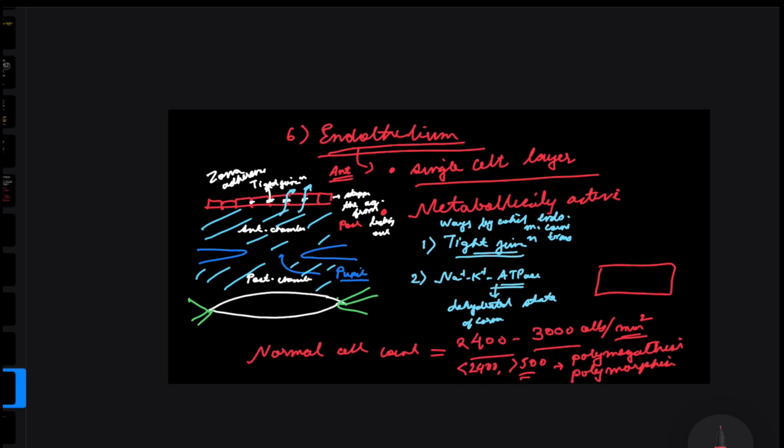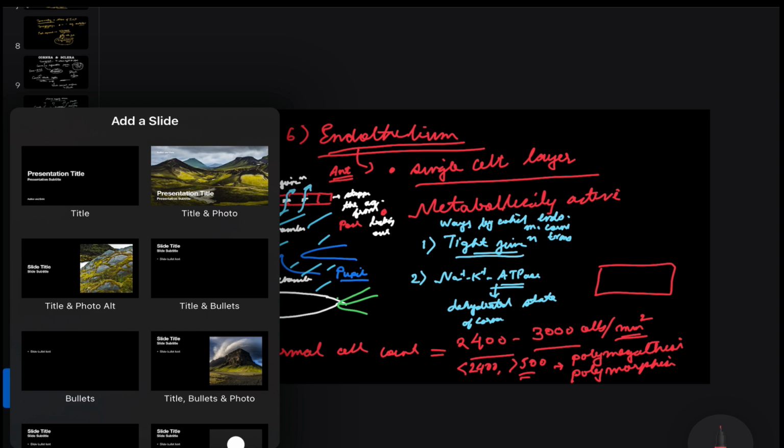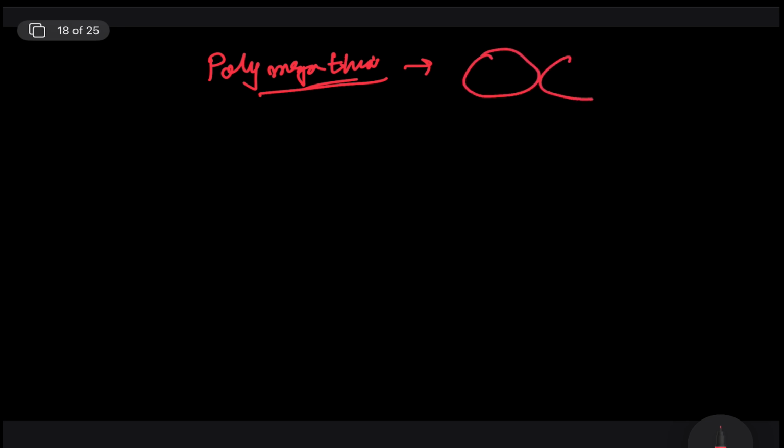What do these two things mean? Very simple. It is hidden in the name itself. Poly means multiple, and mega means large. So polymegathism means that the remaining endothelial cells become large in size. Obviously, first they were this.